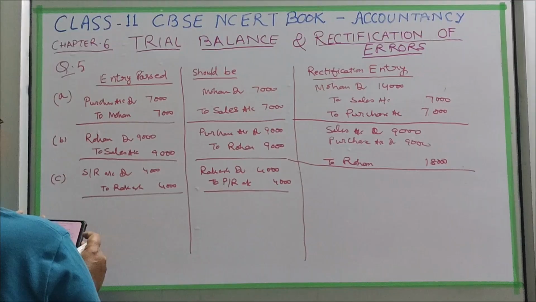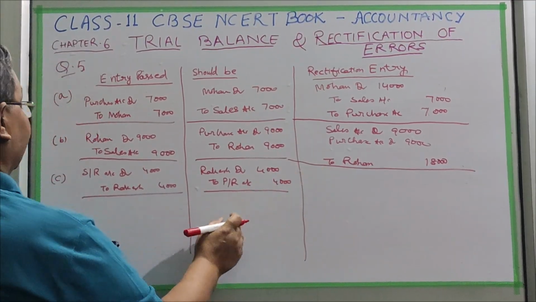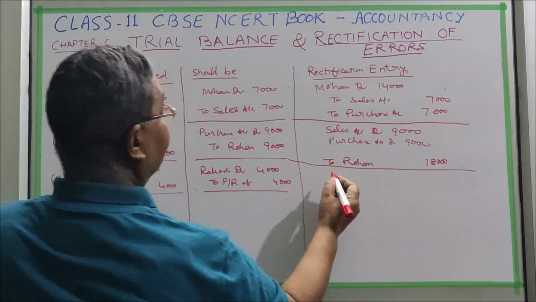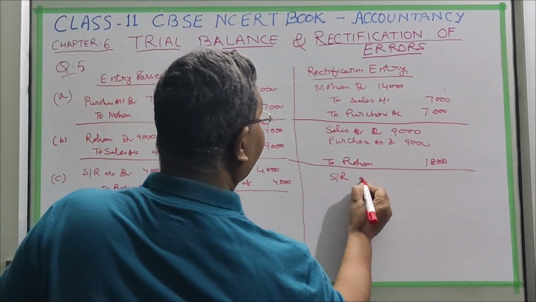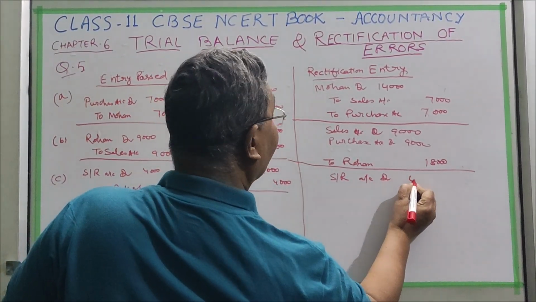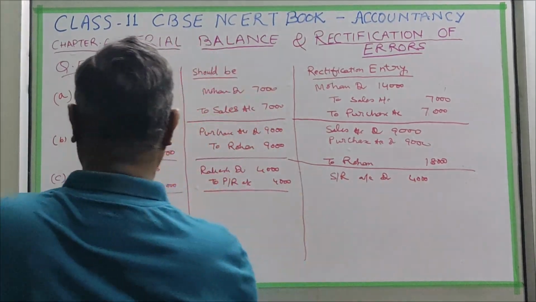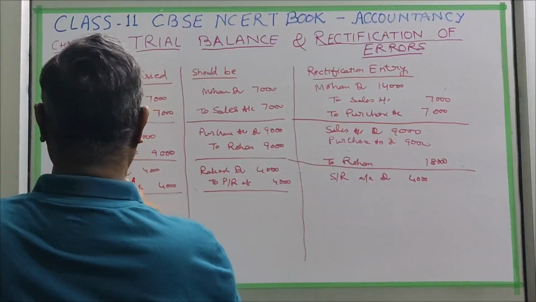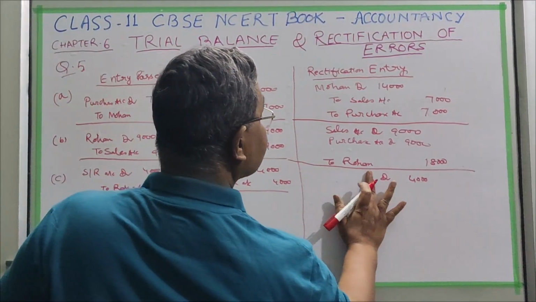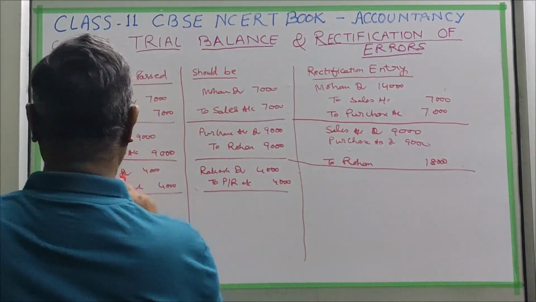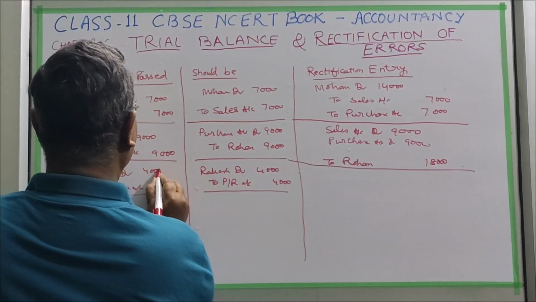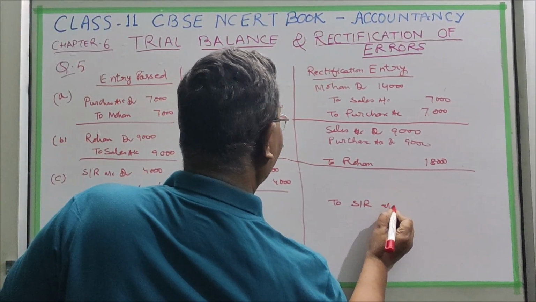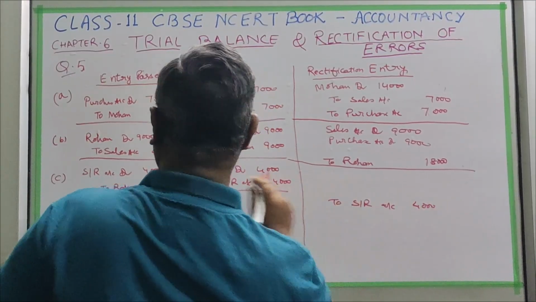So you see what correction you can do. Sales return account debit 4,000 to Rakesh was wrongly created. This time you credit it to sales return account 4,000 and this will be over.